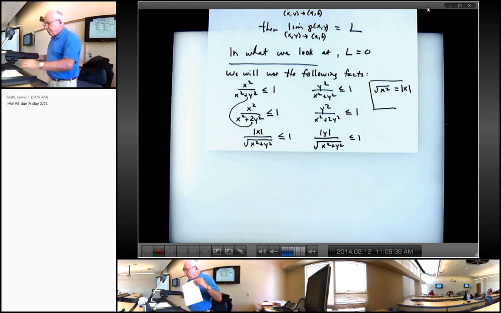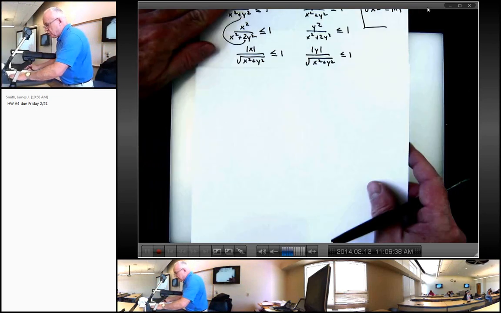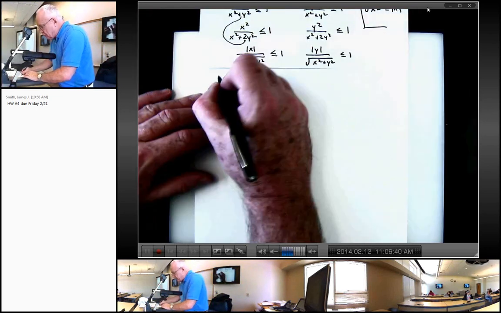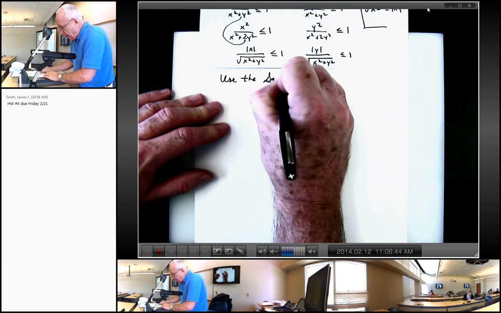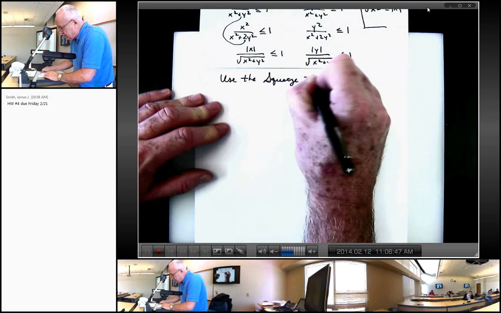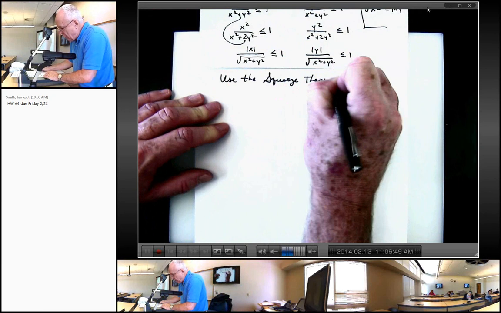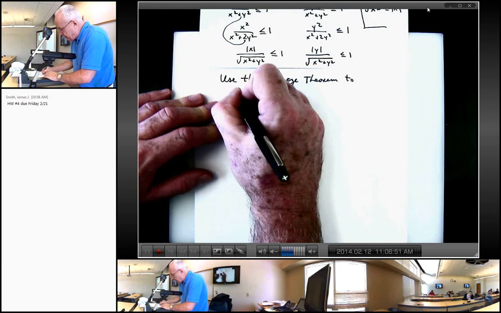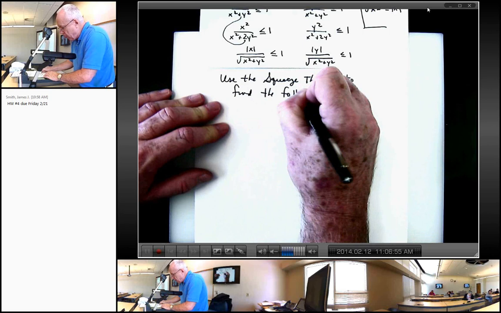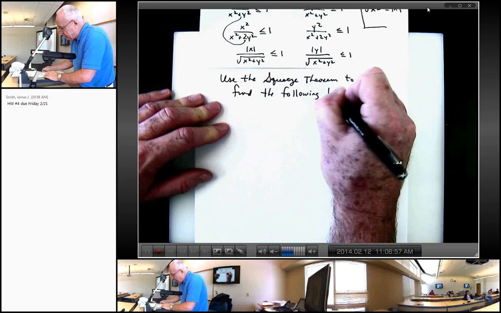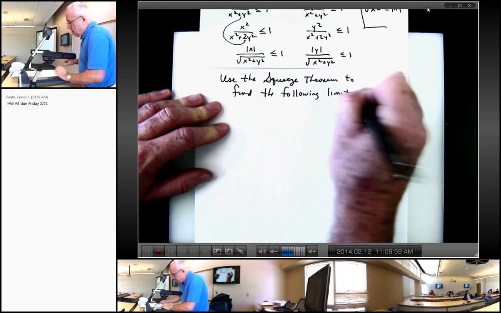So let's do a couple of examples here. Use the squeeze theorem to find the following limits.